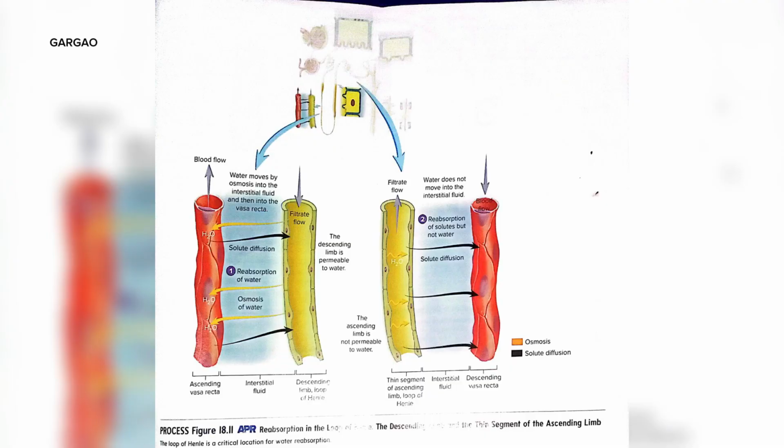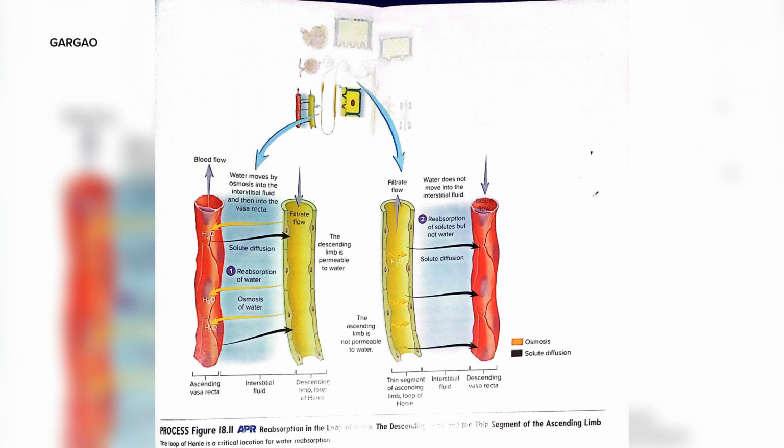Reabsorption in the descending limb of the loop of Henle. The epithelial tissue in the majority of the descending limb, in particular the thin segment, is simple squamous epithelial tissue. Remember from chapter 4 that simple squamous cells are highly permeable to water, which means the descending limb is highly permeable to water.